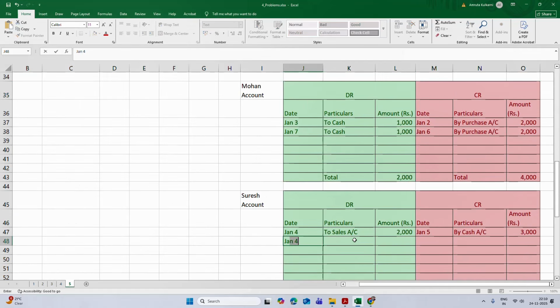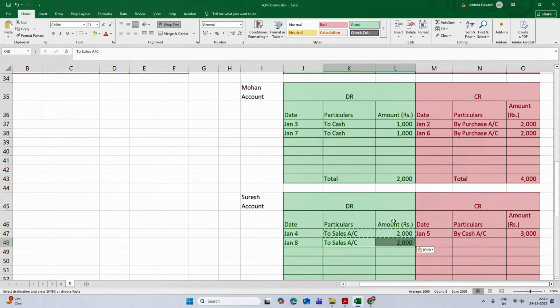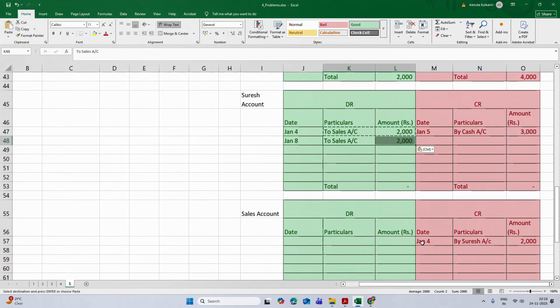Suresh account Jan 8 to sales account, again rupees 2000. So same transaction, and Suresh account is debited to sales account. So I will have to make the entry in my sales account also, that is Jan 8 by Suresh account credited 2000 rupees.